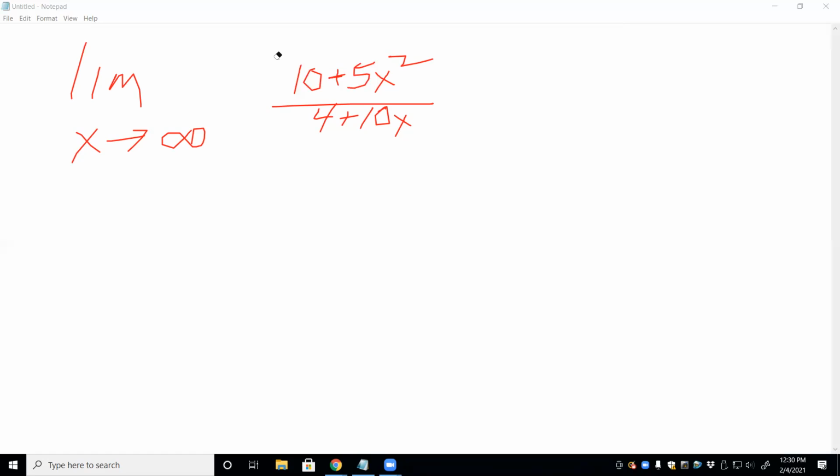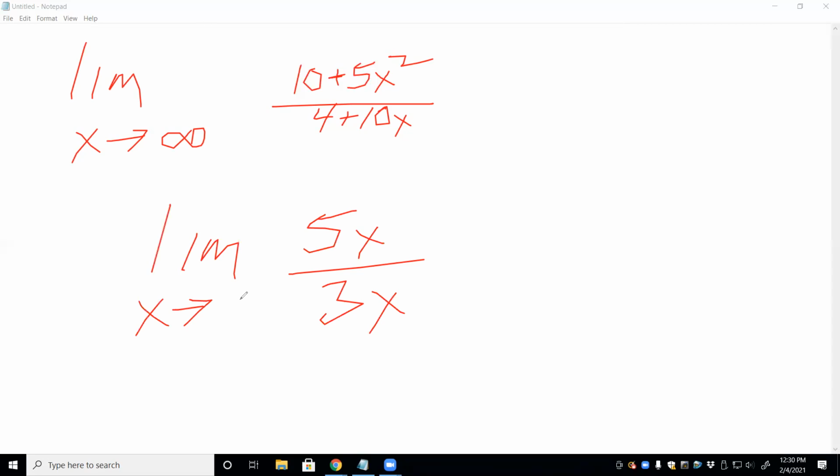Okay. Let's start with something a little bit easier, which is what is the limit of 5x over 3x as x goes to infinity. What's that? So is that just 5/3 then? Yeah, it's the ratio of the coefficients, which is what you learned about horizontal asymptotes.